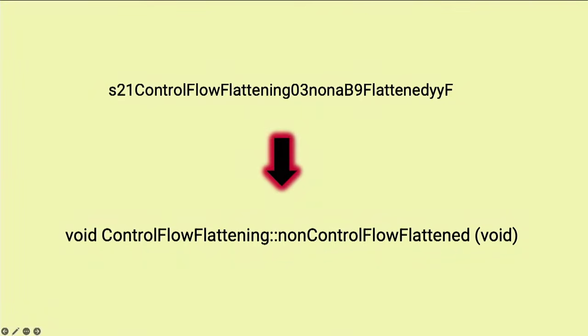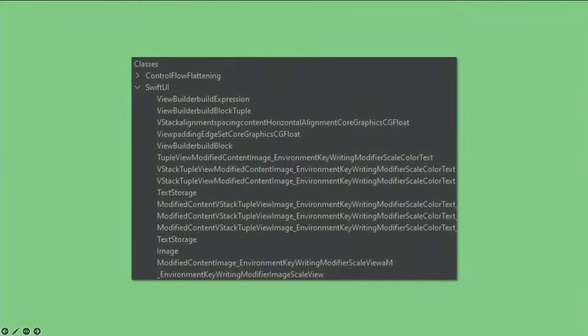Basically, if we take the method name inside of the application, we can follow the standardized structure and parse out the class name, the method name, as well as the return value and the parameters for that method. So if we do that and we use the help of our abstract syntax tree, we can create this brand new structure and this brand new created hierarchy of our iOS application.